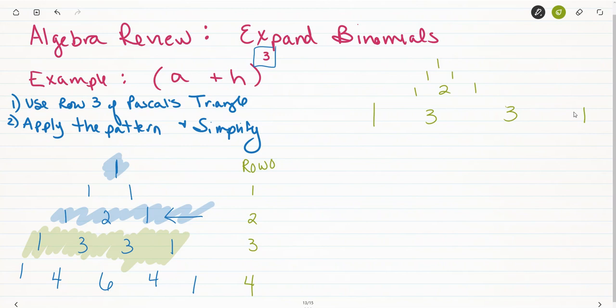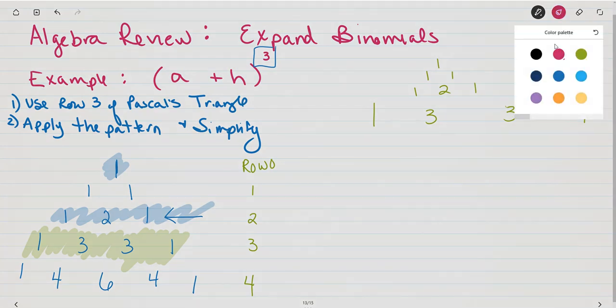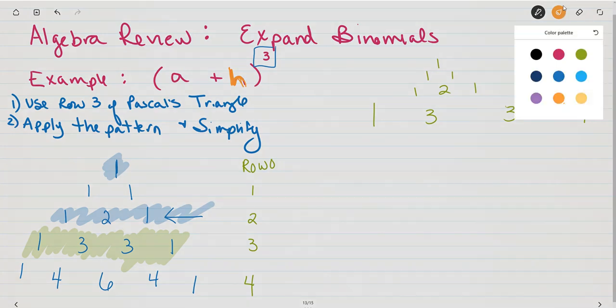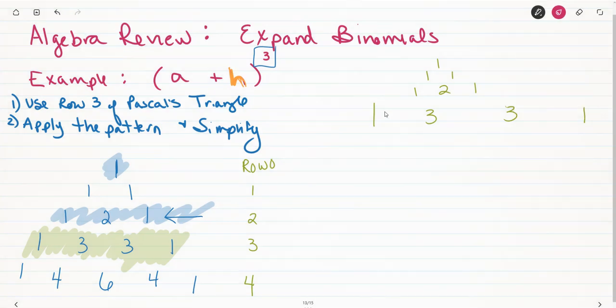That's the first step. The second step is to give each of these numbers an a and an h. Let me explain a little bit more what I mean by that. For this part, I'm going to color code the a pink and the h orange. So we're going to give them each an a.